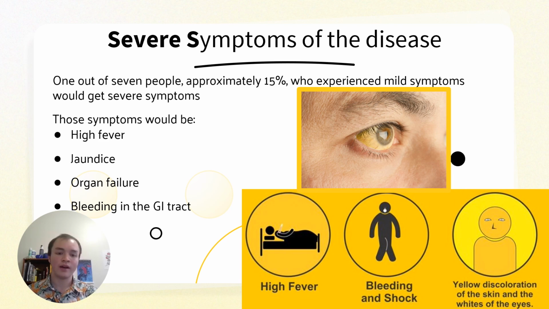Among those who develop the severe disease, 30 to 60% of them would die.